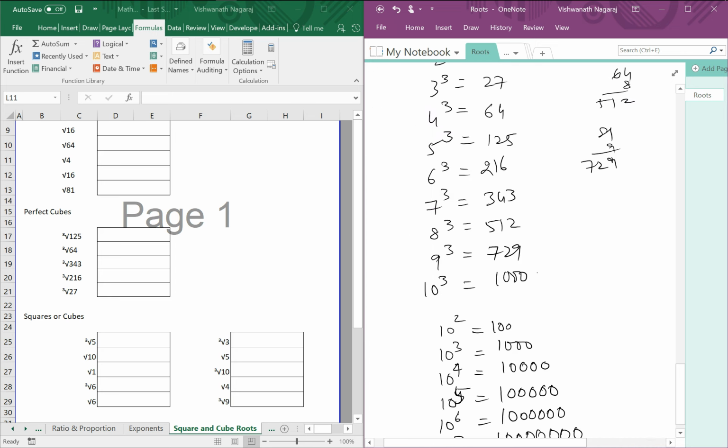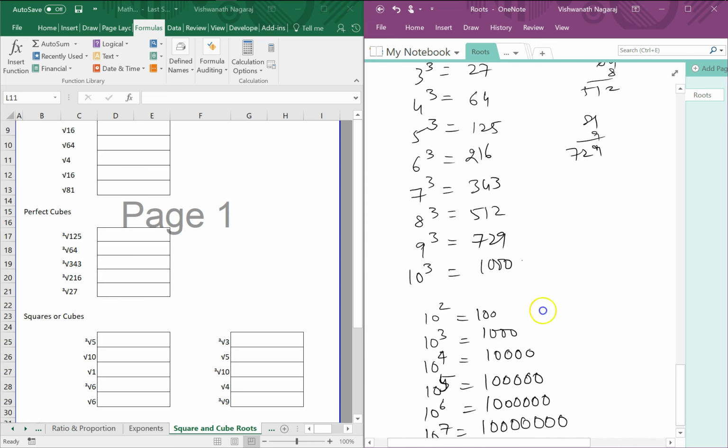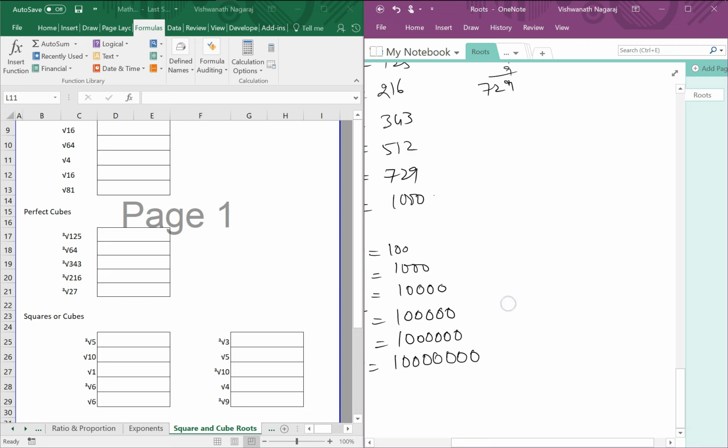Now another kind of powers that you should remember, which directly has nothing to do with roots, but it's nice to know, is 2 square, 2 cube, 2 to the power of 4, 2 to the power of 5, 2 to the power of 6, 2 to the power of 7.